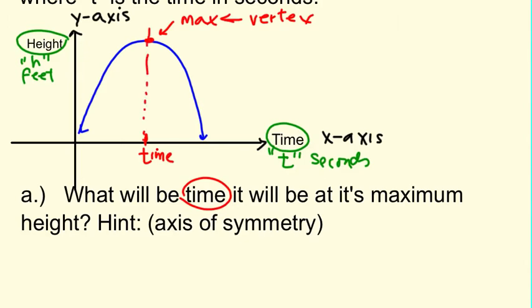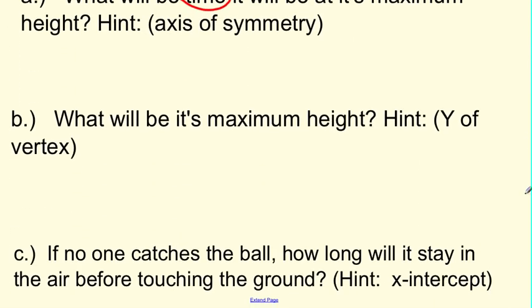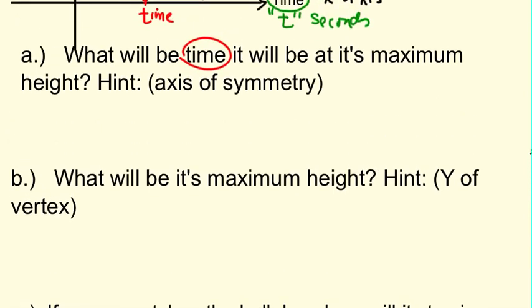How do I find it? If you remember, to find the vertex of a parabola, to find the x piece, we take the opposite of b over 2a. So now we're going to go up into the equation.